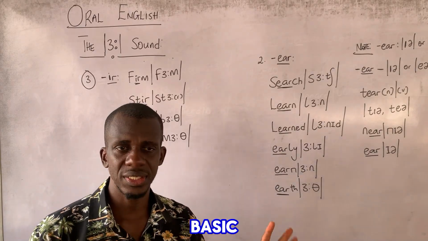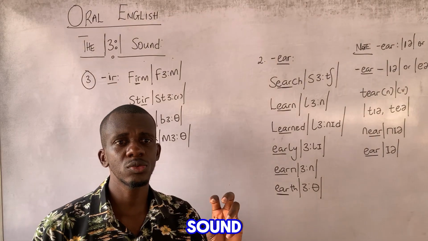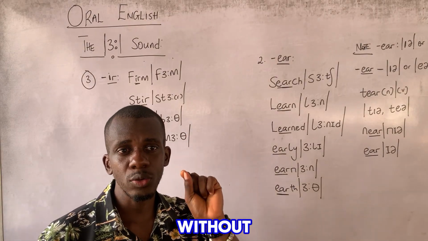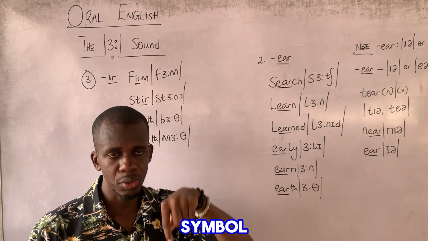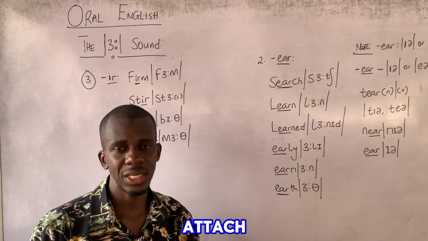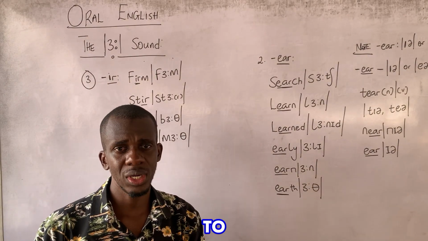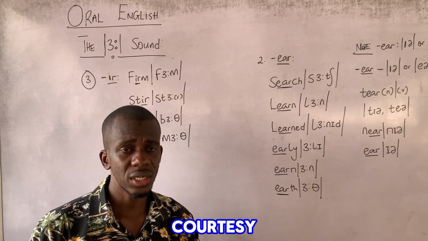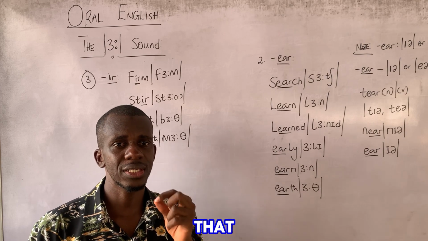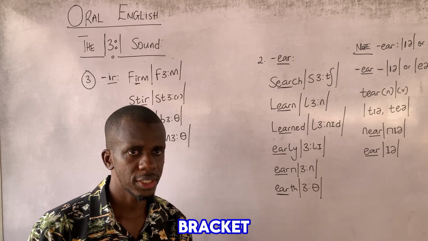The sound can do without that particular symbol. So we either do not attach it, or if we want to, as a matter of phonetic courtesy, we can introduce that sound, but in a bracket.